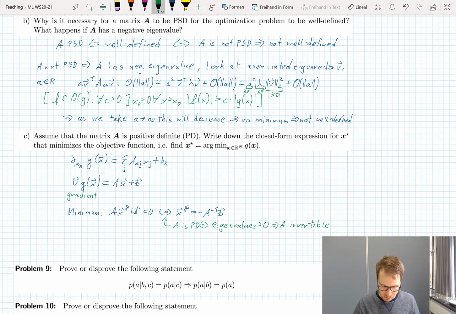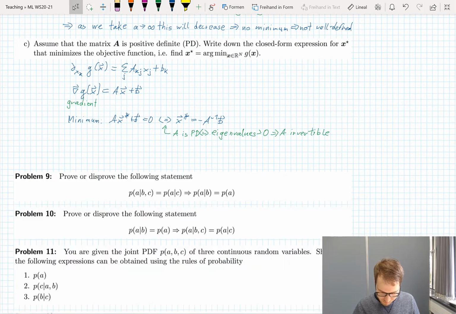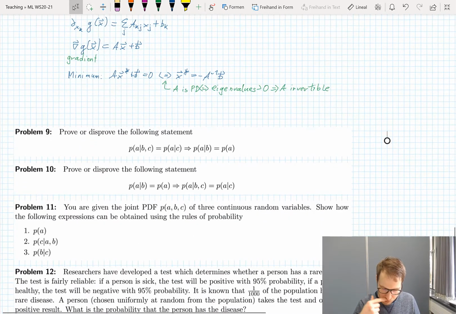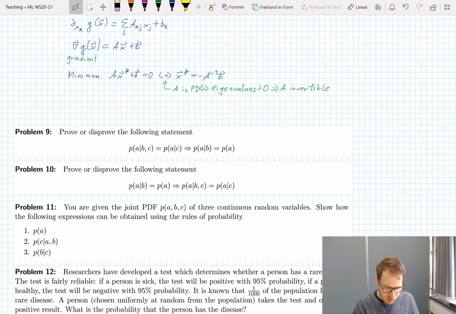Okay, so that's problem 8. Problem 9. Okay, now we move on to probability theory. We have a couple of basic statements here. You don't really need calculus here, it's just mostly a couple of tricks in probability theory, like linearity of expectation, using the variance, etc. Okay, but first off we have two statements.